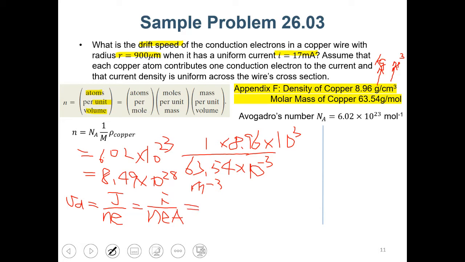So the current is 17 milliampere, so 10 to the minus 3 power, and then over n, which is 8.49 times 10 to the 28th power, and then e is 1.6 times 10 to the minus 19.